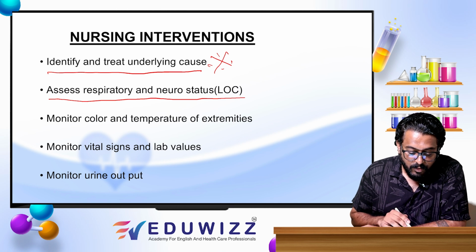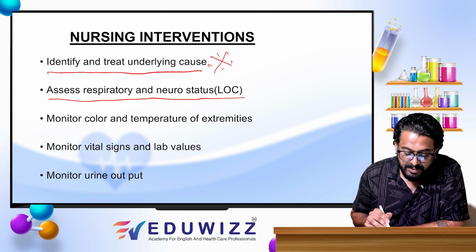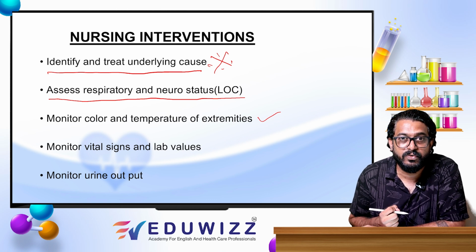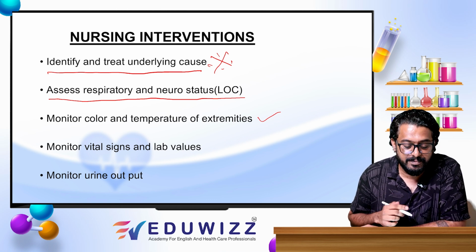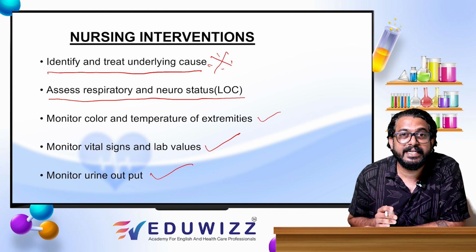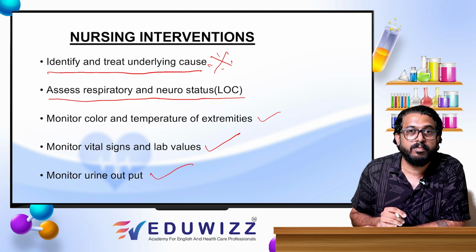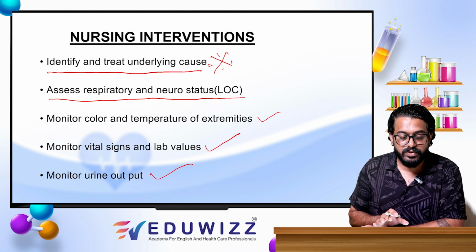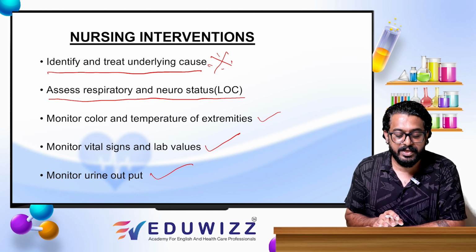And secondly, monitor color and temperature of the extremities to see whether there are any signs of decreased blood flow or excessive bleeding. Monitor vital signs and lab values, and monitor urine output because it might lead to renal failure. This is also an important complication of disseminated intravascular coagulation. So these are the important features of DIC.